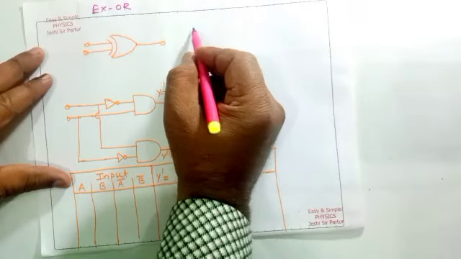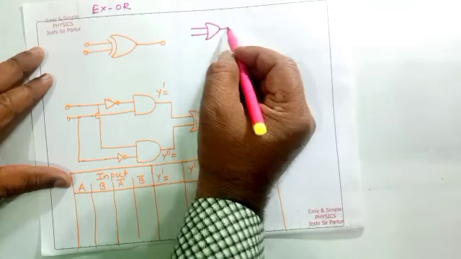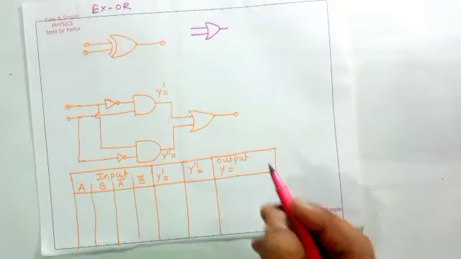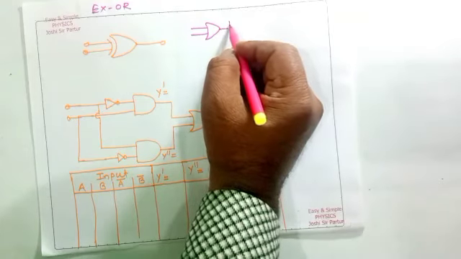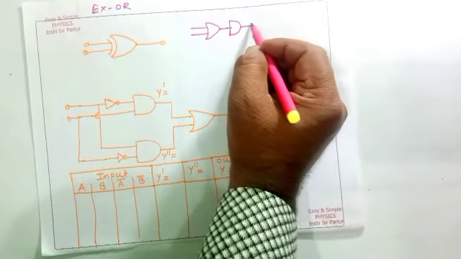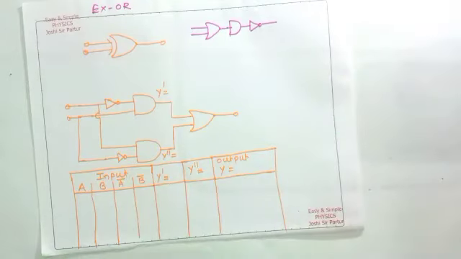When OR gate is combined with AND gate and NOT gate, means when AND gate, OR gate and NOT gate are combined with each other, they produce XOR gate.